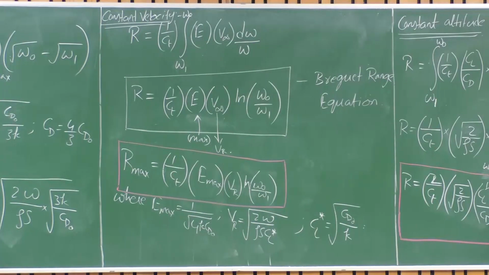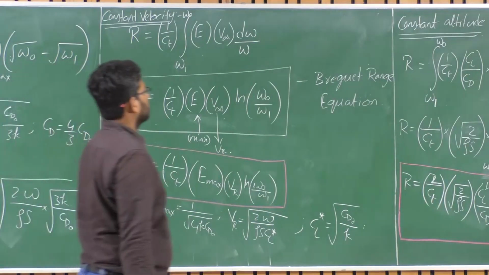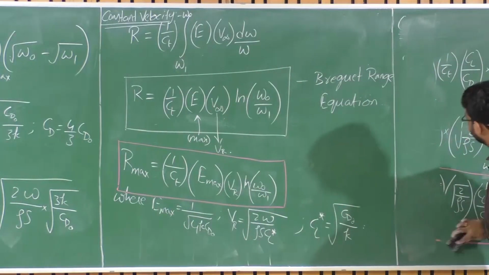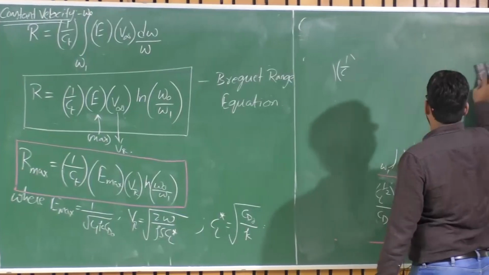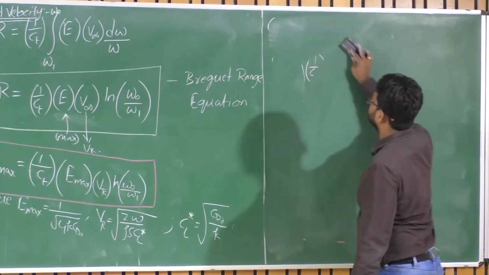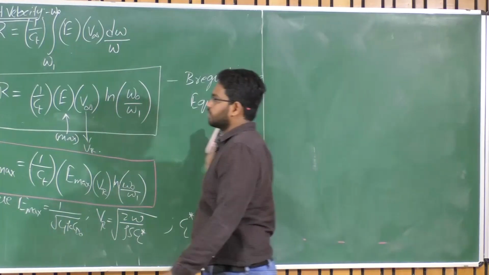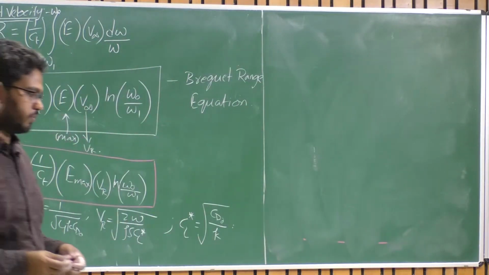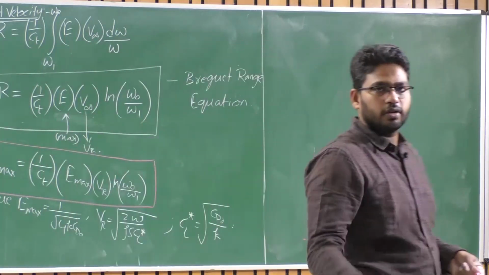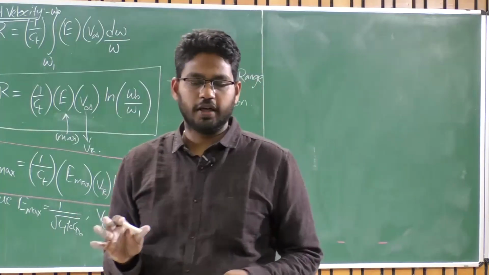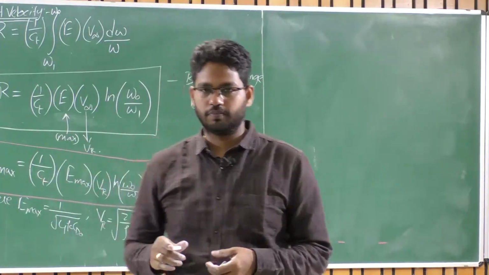Let's solve for the endurance of this jet aircraft. We have now solved for the maximum range with a given load of fuel of a jet engine. We have two solutions: one is constant velocity and the other is constant altitude. The maximum range with constant velocity occurs when you trim at an angle of attack at which L by D is maximum.